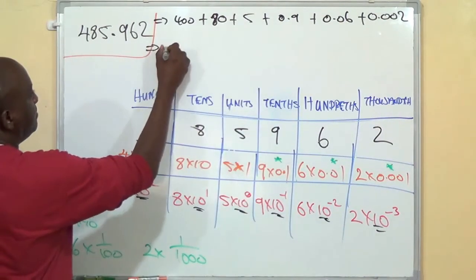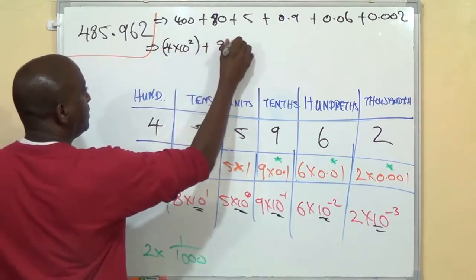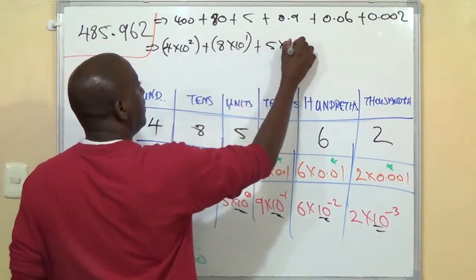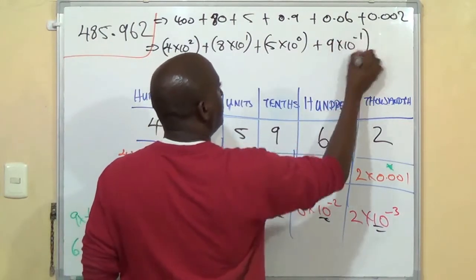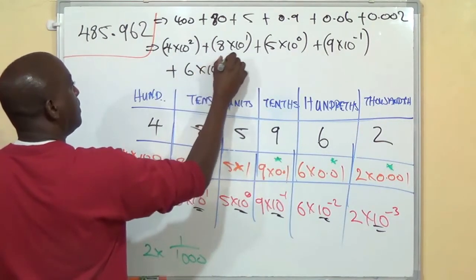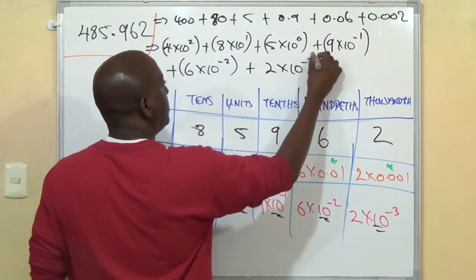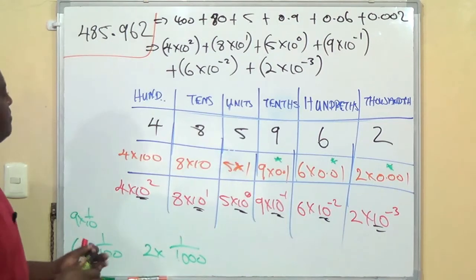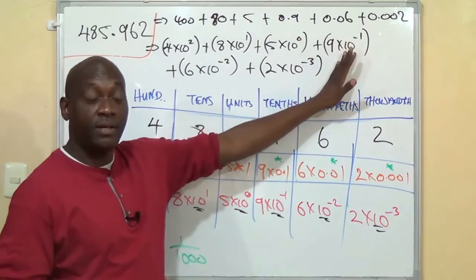Now this is the same thing as 4 by 10 to the power of 2 plus 8 by 10 to the power of 1 plus 5 by 10 to the power of 0 plus 9 by 10 to the power of minus 1 plus 6 by 10 to the power of minus 2 plus 2 by 10 to the power of minus 3. Alright? So we have taken this number and expressed it as the sum of powers of 10.